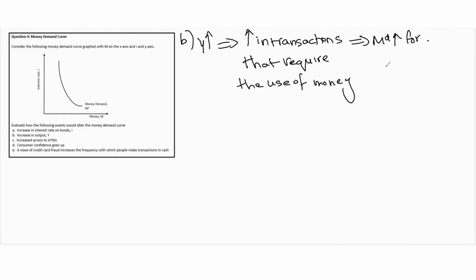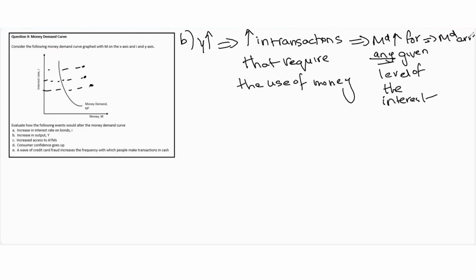Now the key here is that for any given level of the interest rate, for instance at this level, money demand is higher. For this level, money demand is higher. So for any given level of the interest rate, money demand is now higher. As a result, the MD curve shifts to the right.